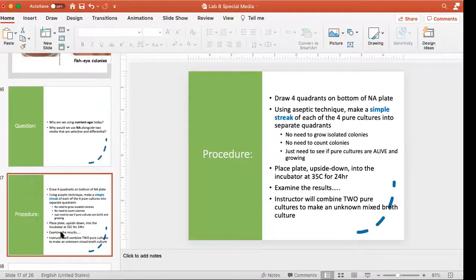All right. So here's the procedure. First, I just drew 4 quadrants on the bottom of that nutrient agar plate, and using my best aseptic technique, I just made a very simple streak pattern in each quadrant with each of the 4 pure cultures. I didn't need to grow any individual isolated colonies or anything.